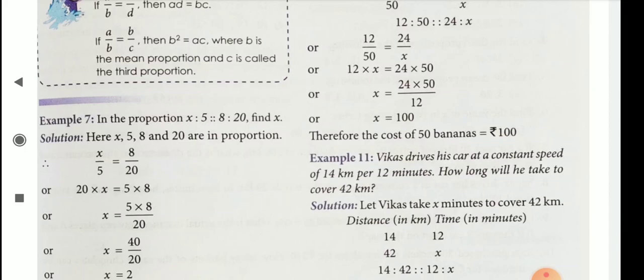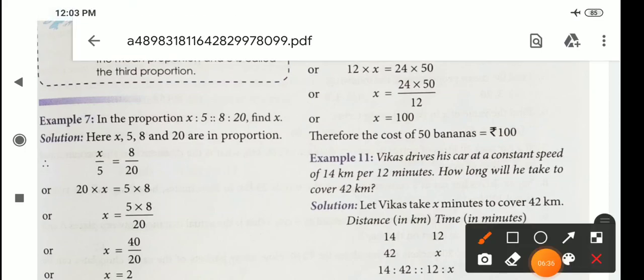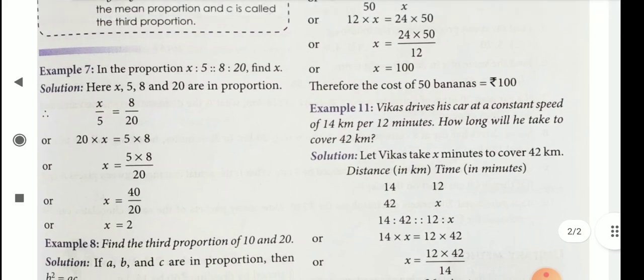The product of extremes equals the product of means. So 20 multiplied by x equals 5 multiplied by 8. Then x equals 5 multiplied by 8 divided by 20, since 20 is divided on the right-hand side. If we solve, we get x equals 2.